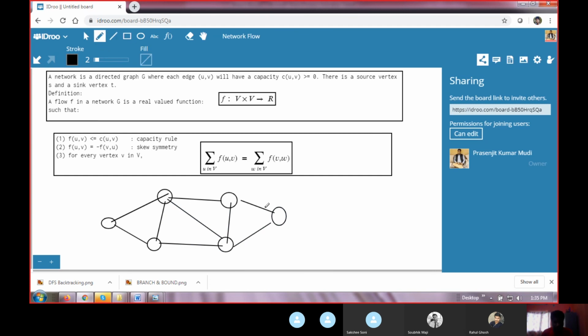Okay, so this is a directed graph, so we are putting the directions. Here it is directed like this, and here it is directed here. So these are the directions.